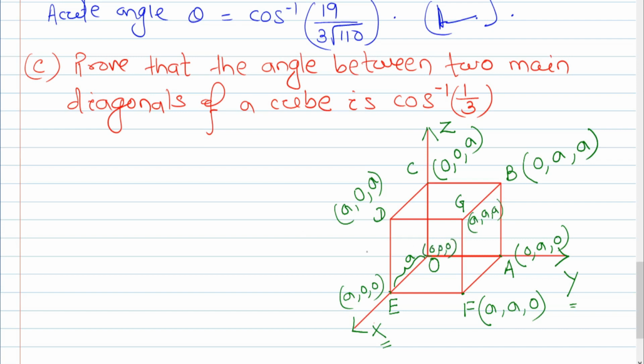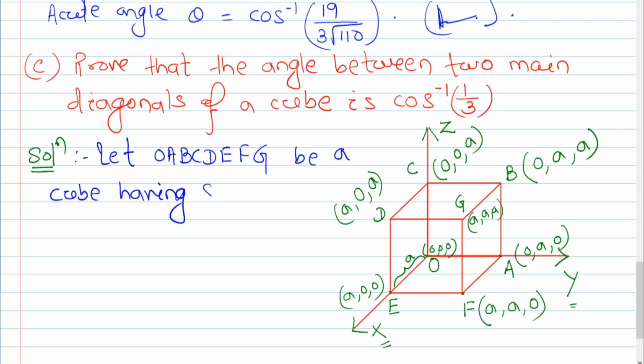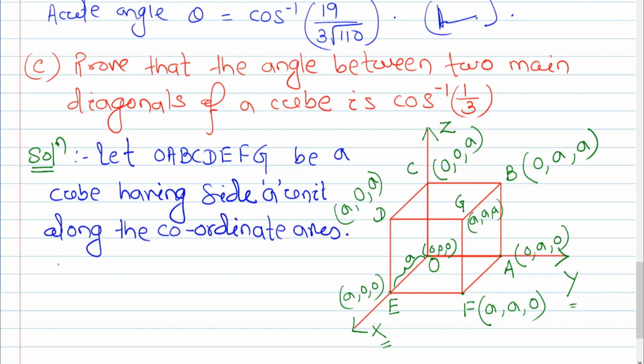So all the vertices we have written. So first you mention here. Okay, now we'll take the solution. O, A, B, C, D, E, F, G be a cube having the side A unit along the coordinate axis. Okay, so here you see the O has the coordinate 0, 0, 0.